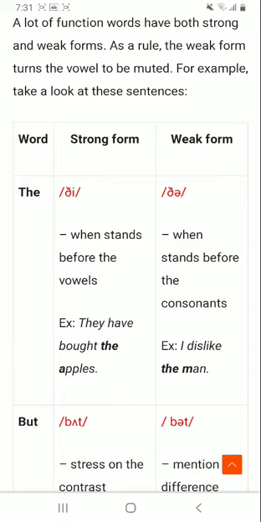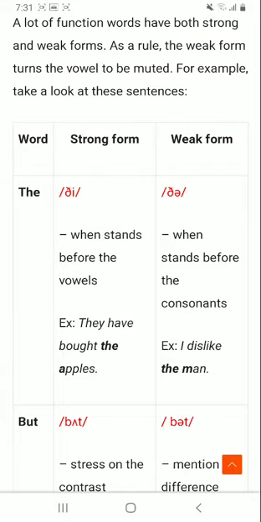When does the sound of the come strong? See here. When the stands before vowels, it sounds strong. The becomes strong when it comes before a vowel. See here: the apples.